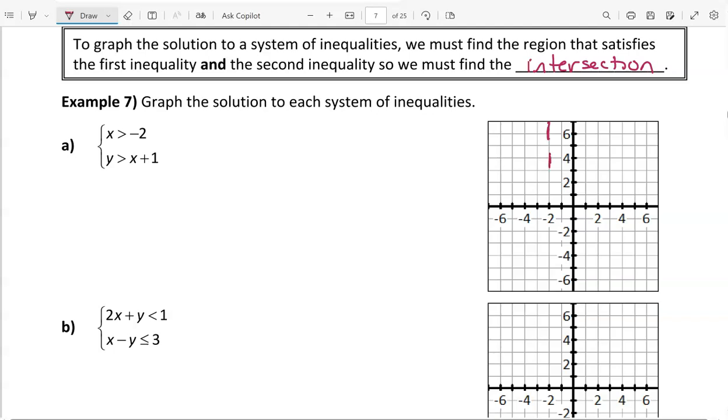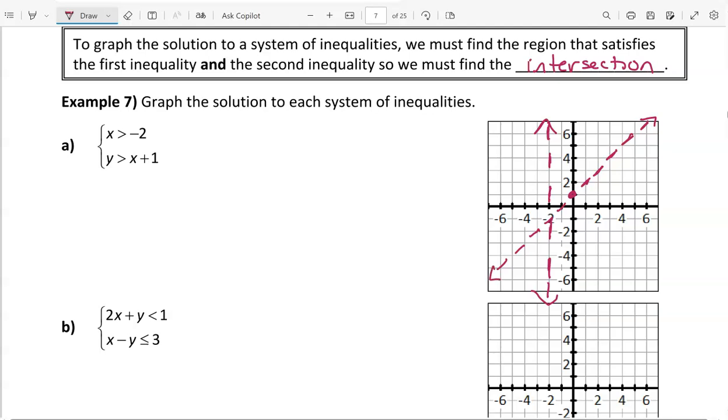Since we don't have an or equal to on it, I'll make it a dashed line. And then y is equal to x plus 1 is our second border line. That has a y-intercept of 1 and a slope of 1. So I'm going to graph that line with a dashed line as well, since we don't have or equal to.